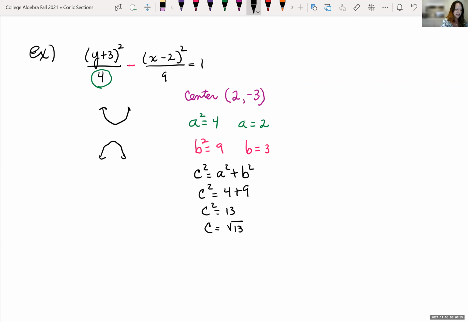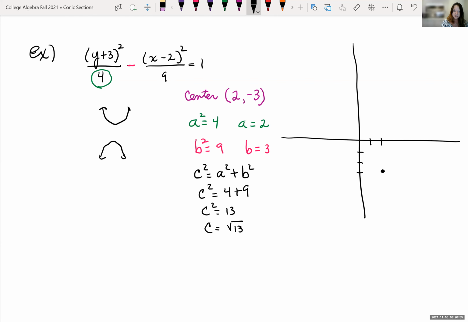We know what the center is, so let's go off of where the center is. We have a center at (2, -3), so going over 2 and down 3. Our A value is 2.